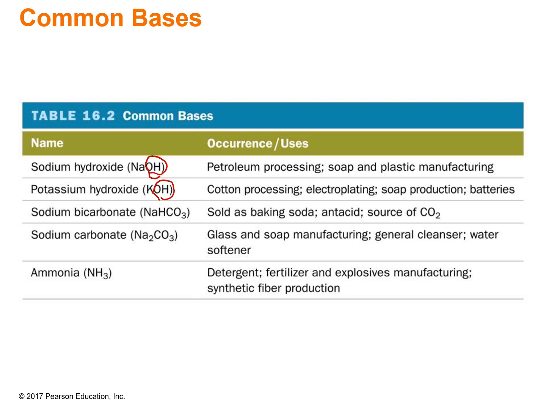We're going to expand our definition just a little bit to include other types of bases. So you'll notice that we no longer have the OH- present, but sodium bicarbonate, this is baking soda. And so we use this for lots of things like antacids. Sodium carbonate gets used to make glass and soap.